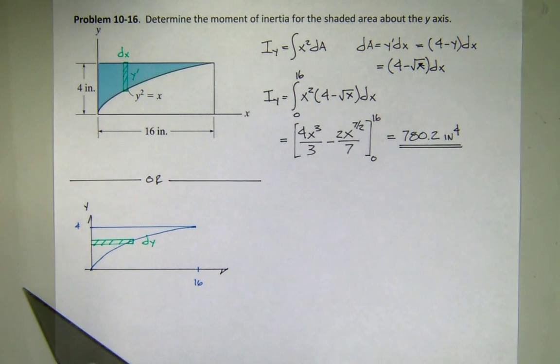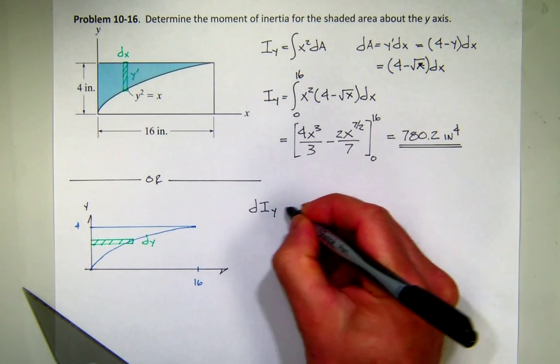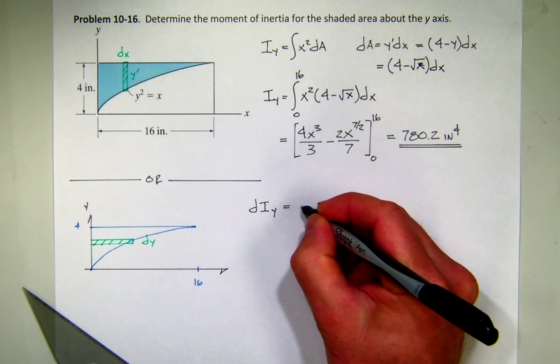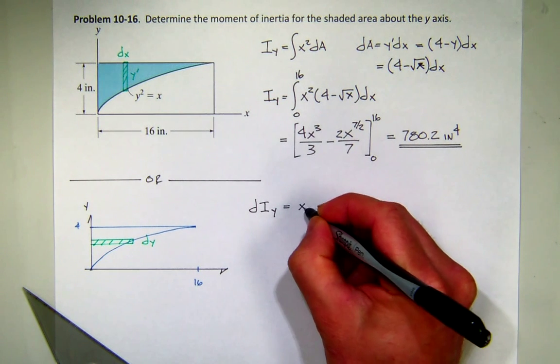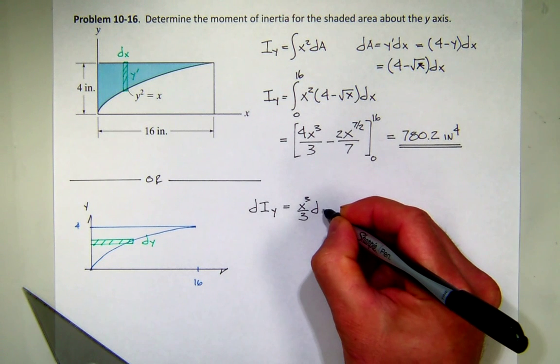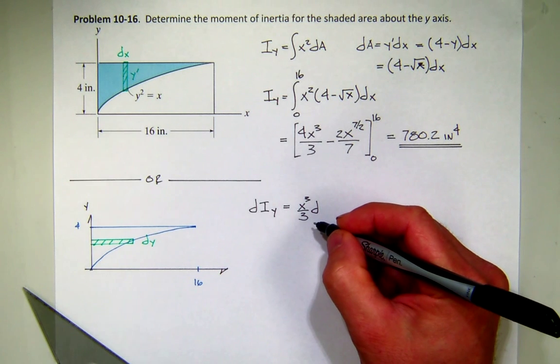Now we can use the differential form. So we know that the differential form of the moment of inertia about the y-axis is what? It's going to be x cubed over 3 dy, right? Oh God, I'm always messing that up.